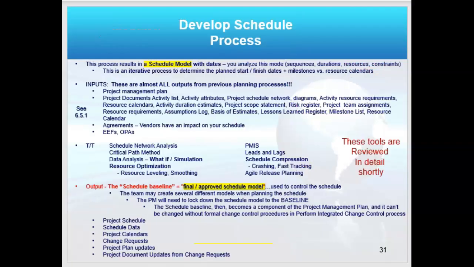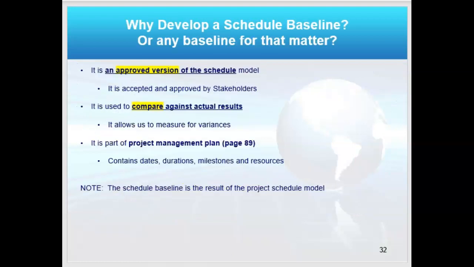Now, when we develop the schedule as the next process, this is going to give me my baseline, okay? And the schedule model is what we're going to assess. The output is this final approved baseline. So let's take a look at that. Why develop a baseline?